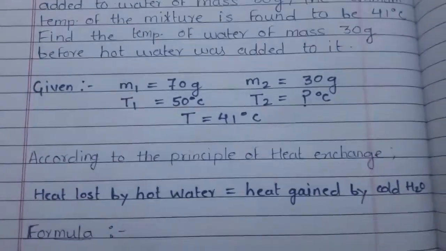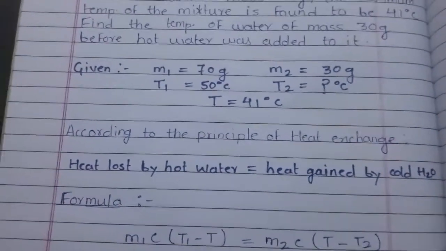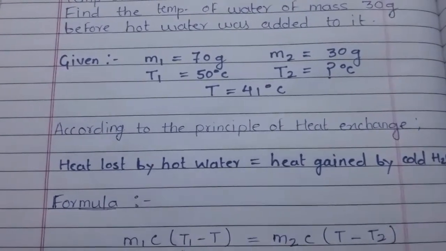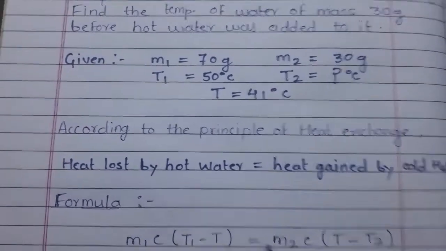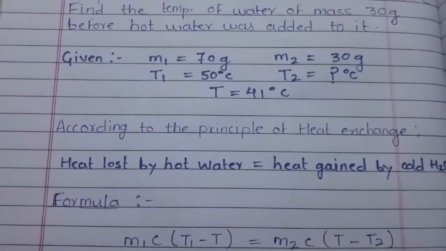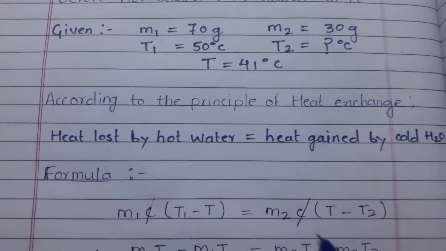All right, so now let's see the formula for finding the answer to such questions. We have the formula here: m1c into (t1 minus t) equals m2c into (t minus t2). Here we can see that on both sides of the equals sign we have c, so c will get cancelled.